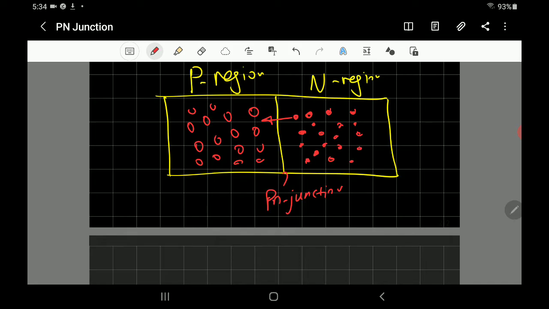Again, the n region has many free electrons and few holes, but the p region has many holes and few electrons. So when the PN junction forms at the boundary between the 2 regions, free electrons from the n region will diffuse into the p region to combine with the holes, because the holes need electrons. But which electrons will diffuse from the n region to the p region? The ones next to the boundary, because the far ones do not have the energy to go all this way to cross.